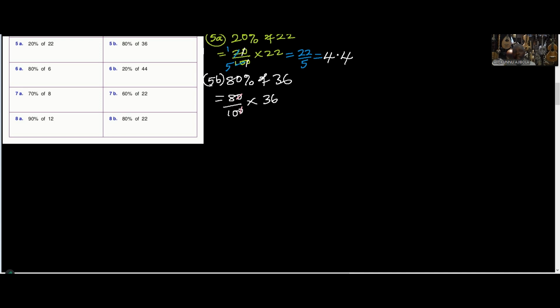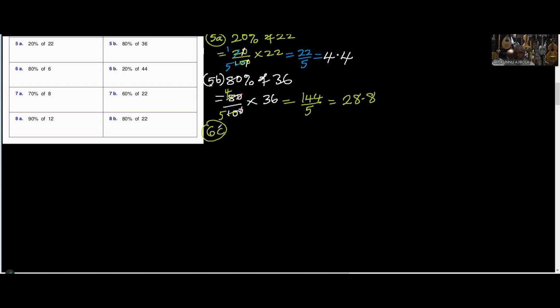Then you now divide exactly by 2. This is 4, and this is 5. Then you now multiply 36 by 4. That gives me 144. Now divided by 5. So how many 5s in 14? That's 2, remainder 4. How many 5s in 44? That's 8, remainder 4. How many 5s in 40? That's 8. So 28.8.